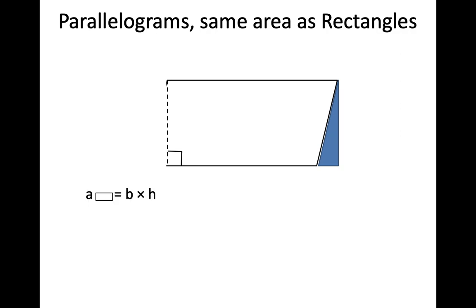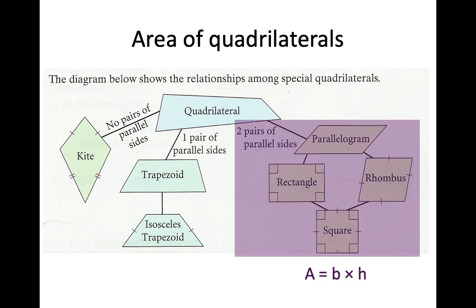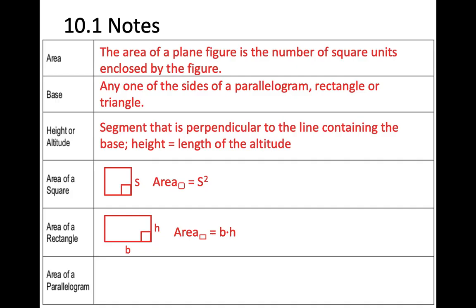And so if the area of this rectangle is base times height, then this parallelogram, which has the exact same area, just moved around a little bit, must also be base times height. So for all of these here, it is base times height. All parallelograms, the area is base times height. Now a square, base and the height are the same thing, but again, it's still base times height. So the area of a parallelogram on our notes is base times height.